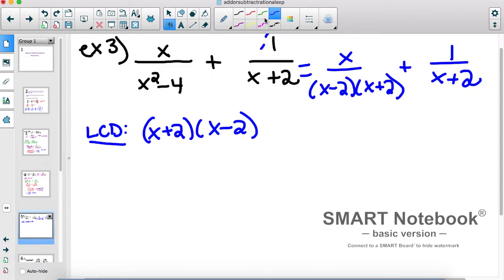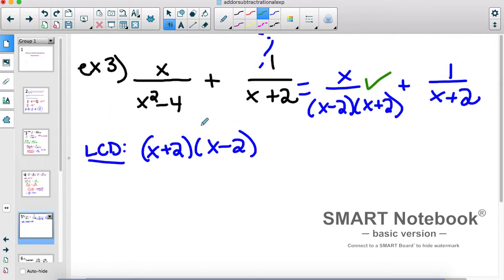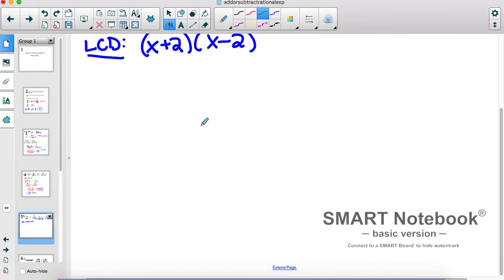Okay, again, one of our fractions is fine. So we're getting lucky here because we don't have to change both fractions. The only fraction that's not okay is the second one because it's missing an x minus 2. So rewriting everything, let me rewrite that first fraction.